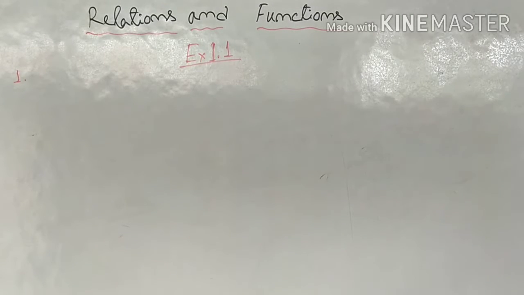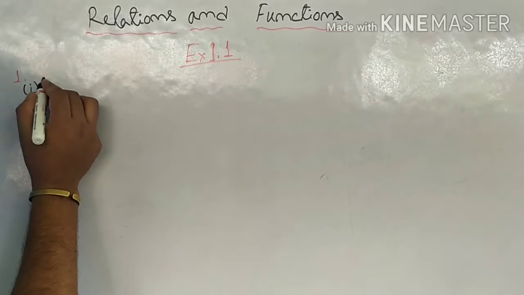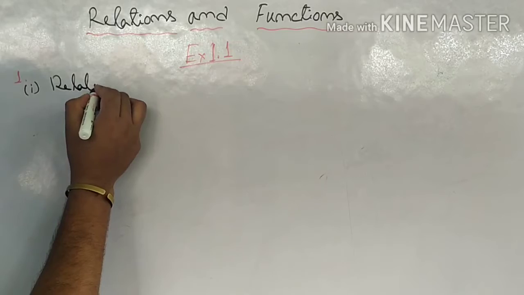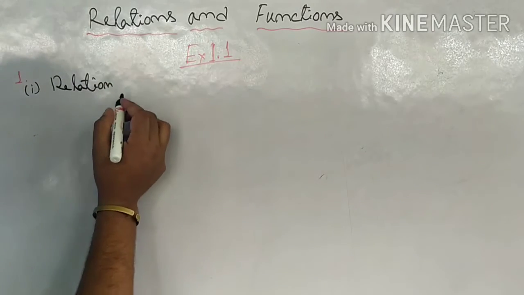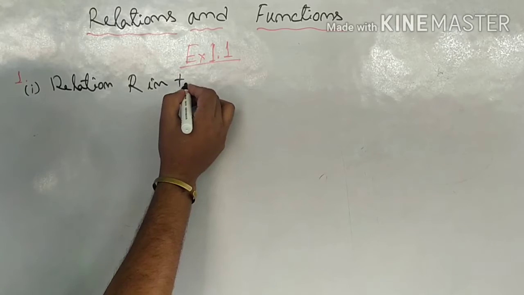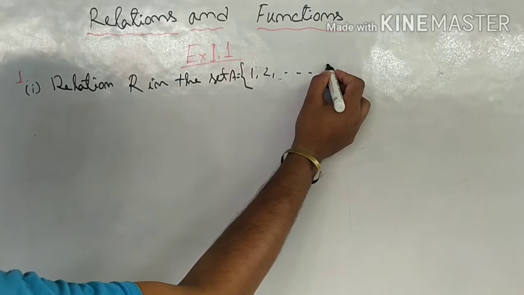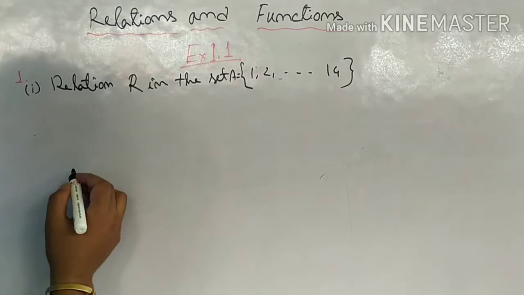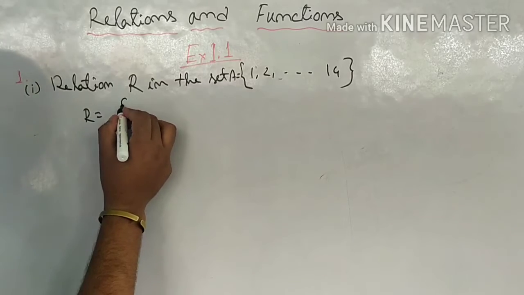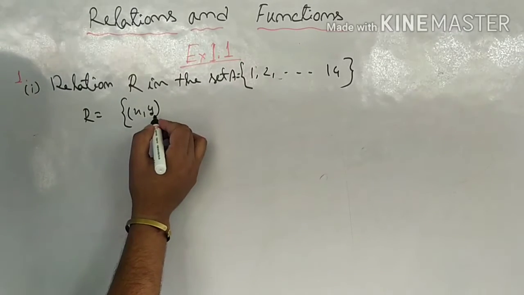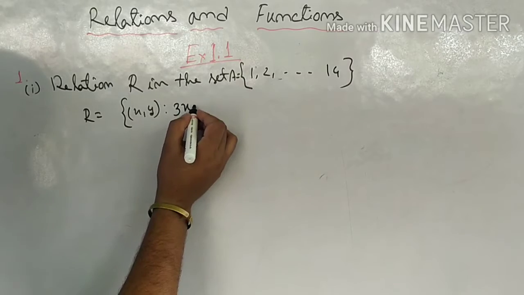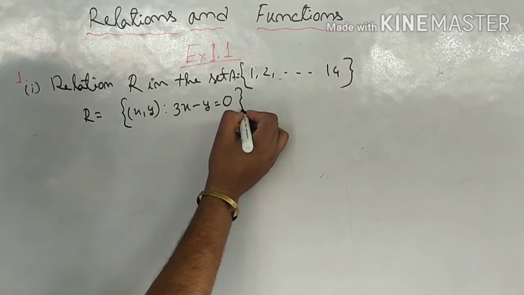Exercise 1, question number 1: determine whether each of the following relations is reflexive, symmetric and transitive. So here question 1 is: the relation R in the set A equals {1, 2, up to 14}, where R equals {(x, y) such that 3x minus y equals 0}.